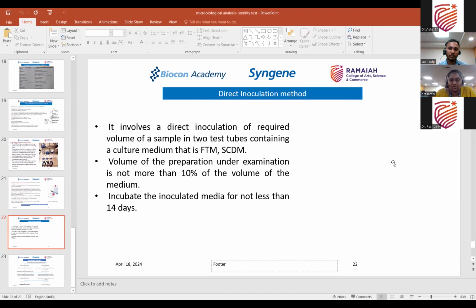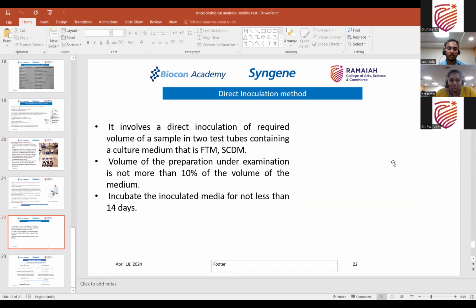The other important method is the direct inoculation method, which is very simple. You take the test sample, in the required volume in ml or in grams.